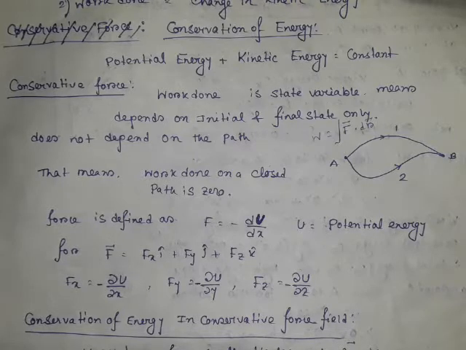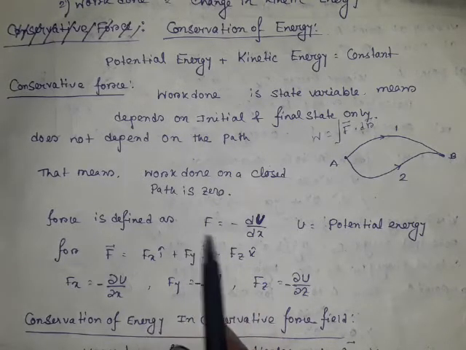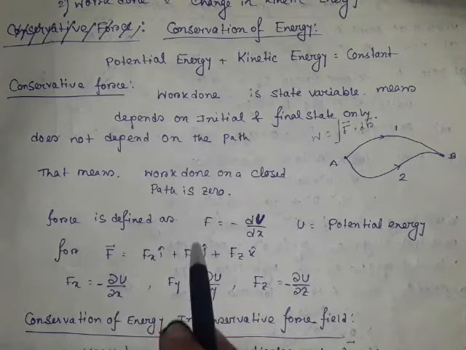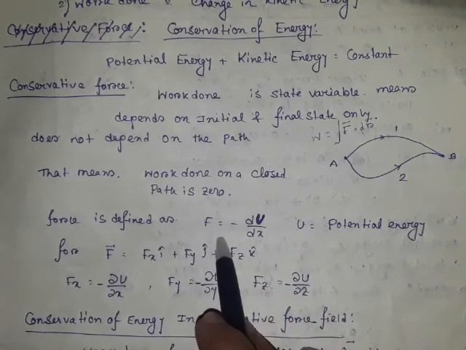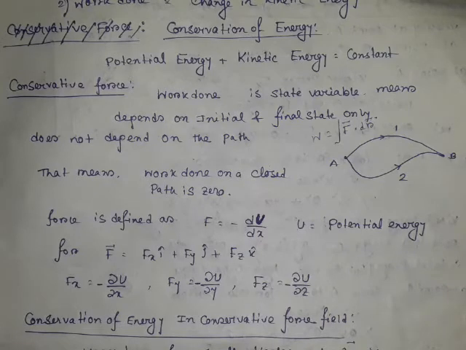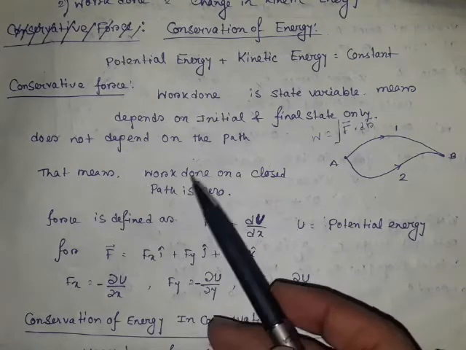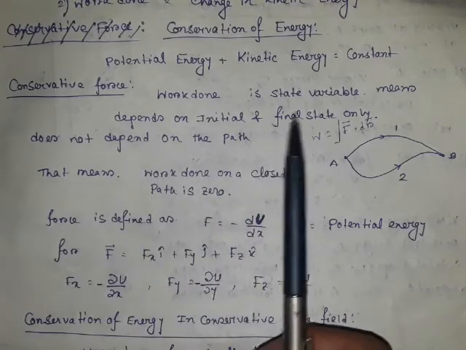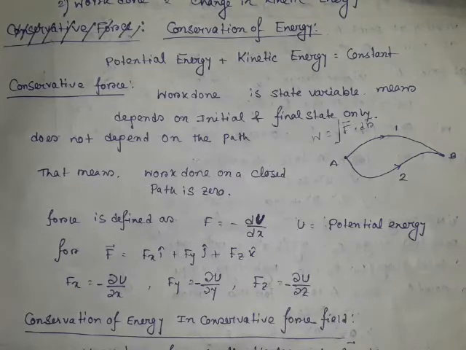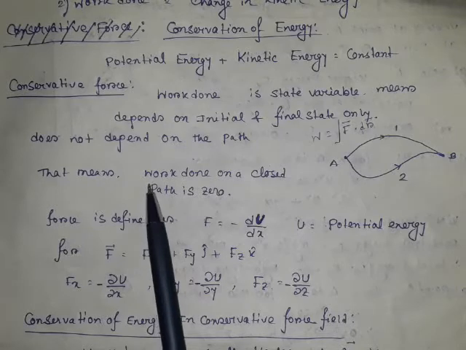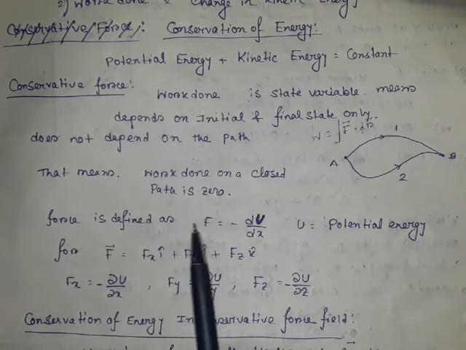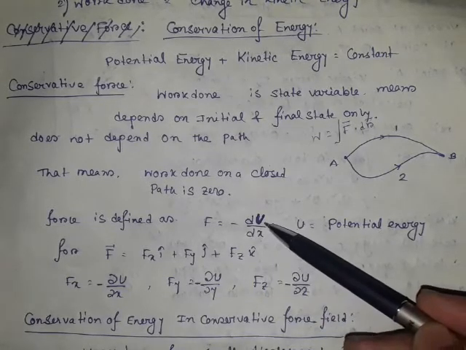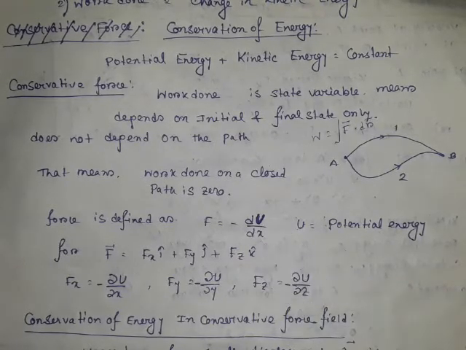The derivation is out of scope of our discussion, but it can be shown that for a conservative force field, where work done depends on the state or position of the object and not on the path, force can be defined as the gradient of the potential energy.